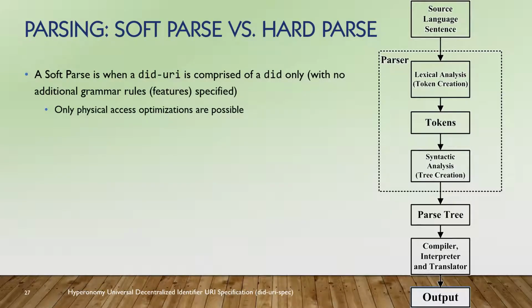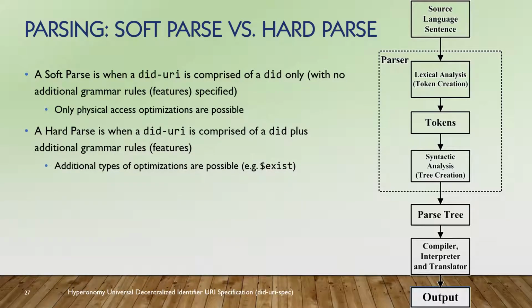This is just re-emphasizing on its own slide the concept of soft parse versus hard parse. So a soft parse is when a DID URL is composed of a DID only, with no additional grammar rules or features specified, and only physical access optimizations are possible at the very bottom here.